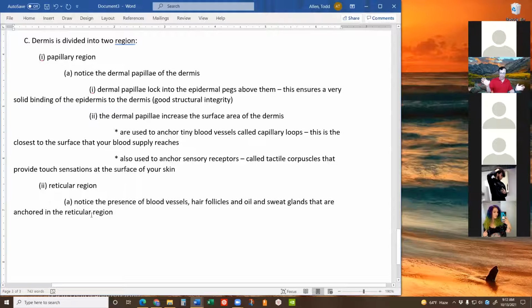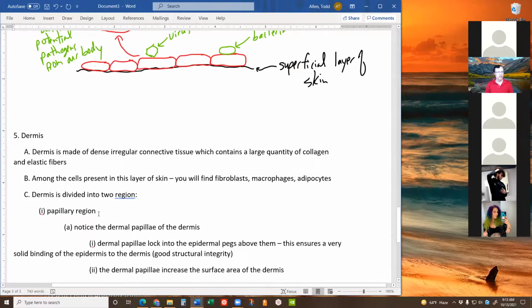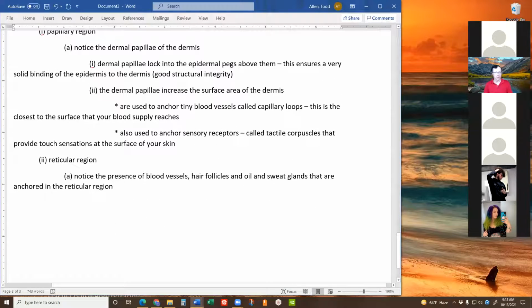Okay, all right, folks. So I'm pretty much done giving you a brief overview of the structural anatomy of your skin. Now we're going to go to the other side of the coin and talk about functions of the skin. This will be number 6 here.